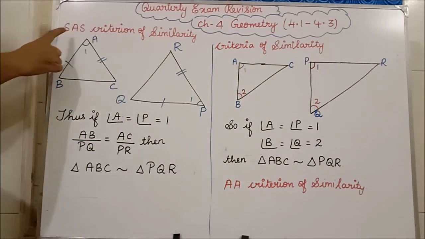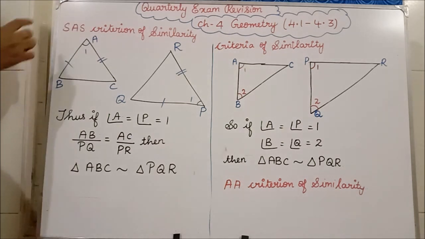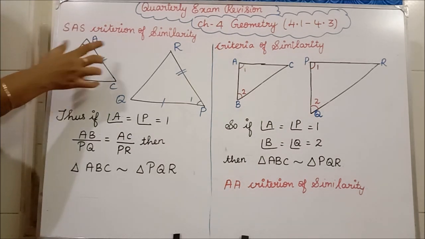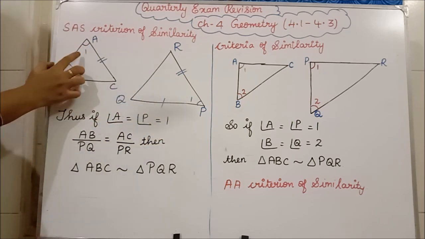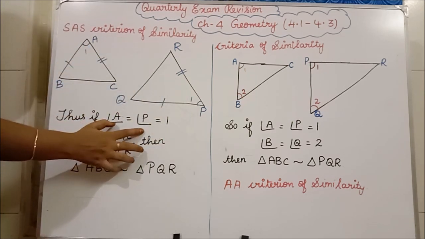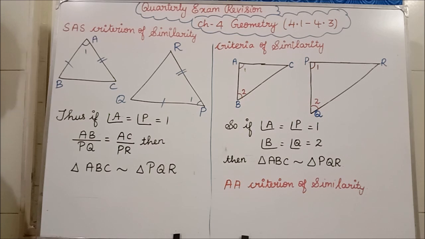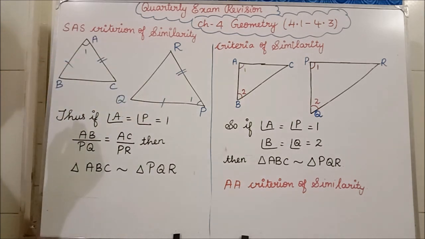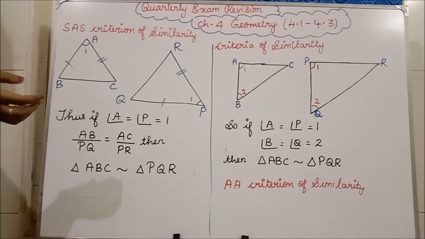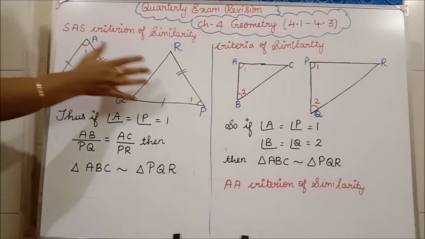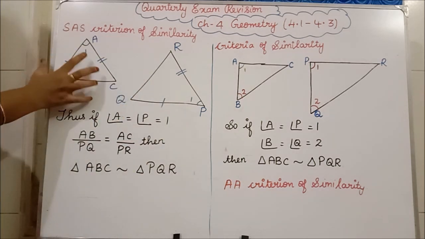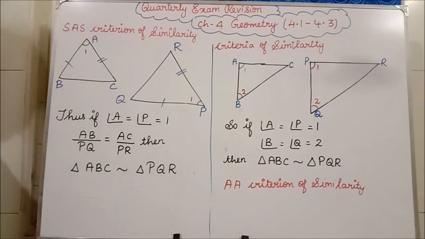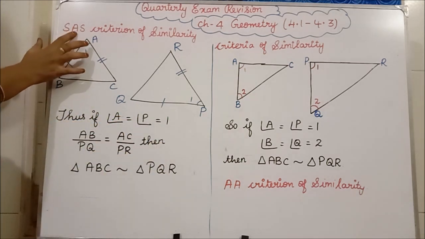Here, angle A is 1 and angle P is also 1, so angle A is equal to angle P. Don't think that it will always be marked 1; in your problem you will have 90 degrees or the same angle. For your reference, I am writing 1 here and 1 here also. That is one angle.